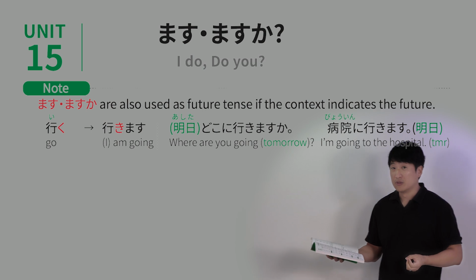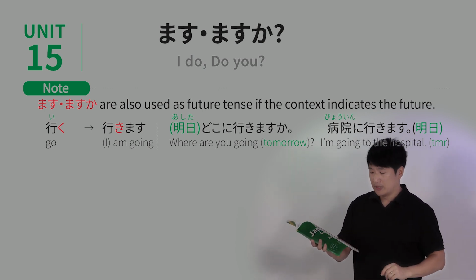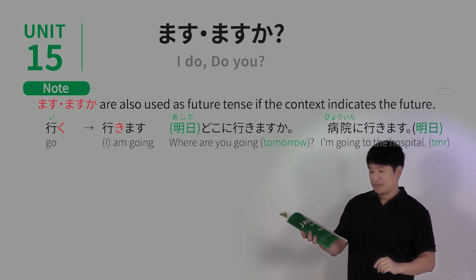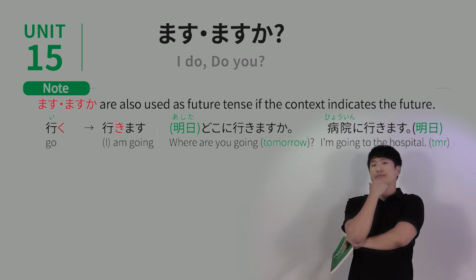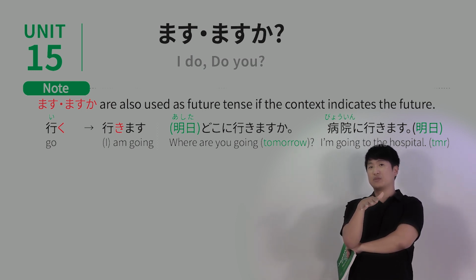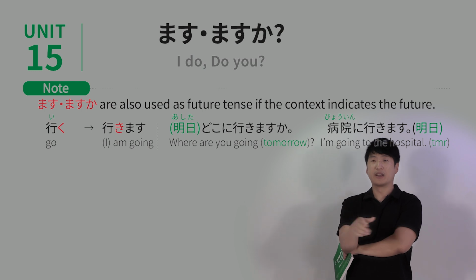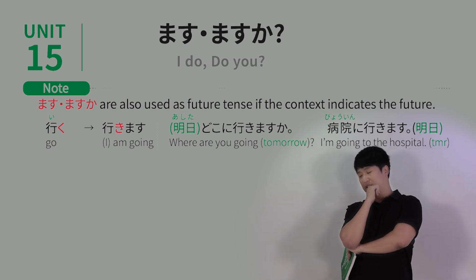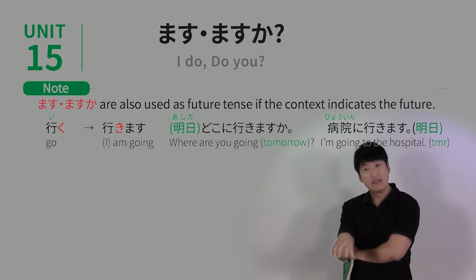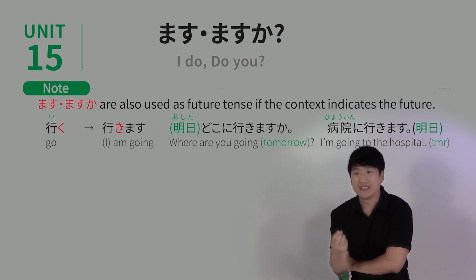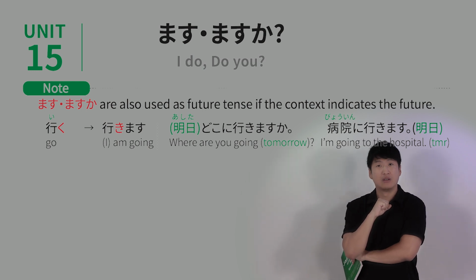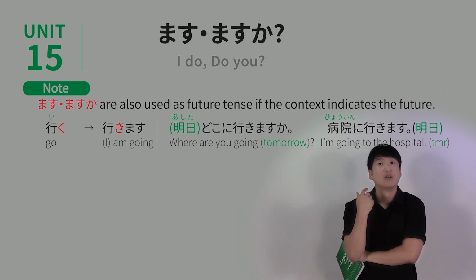And also, you can also make questions, of course, adding ka. So it's just like this in English. What are you doing? This is present tense. Present continuous, people say, right? Which I don't want. But what are you doing? He's asking, obviously now, right? But if it indicates future, what's that?